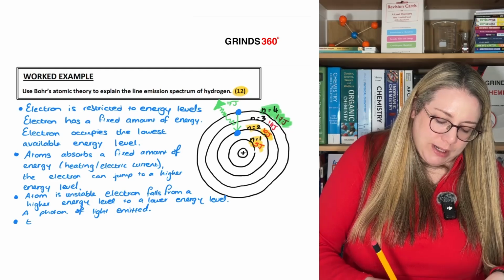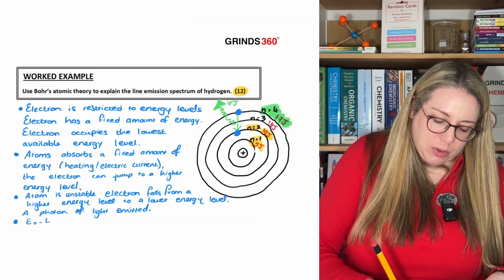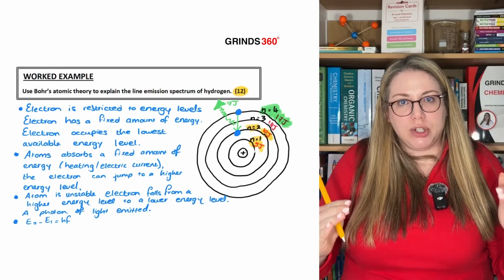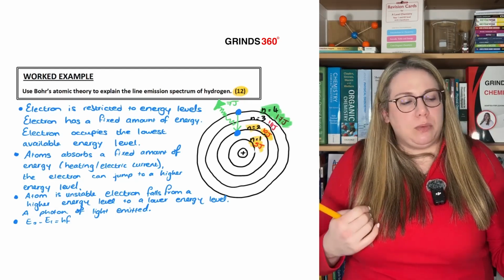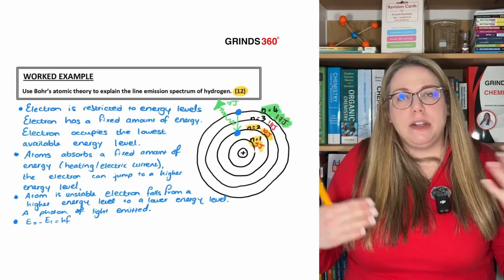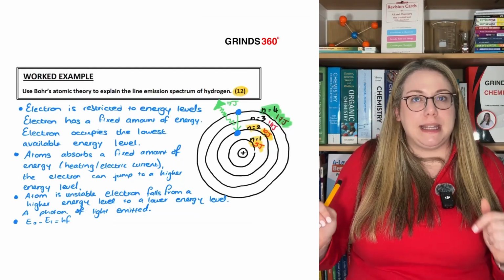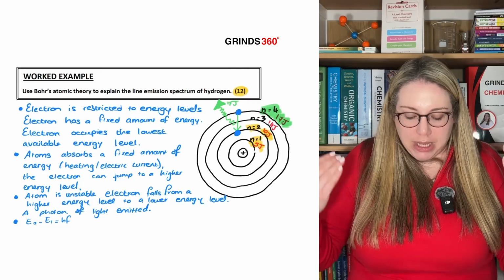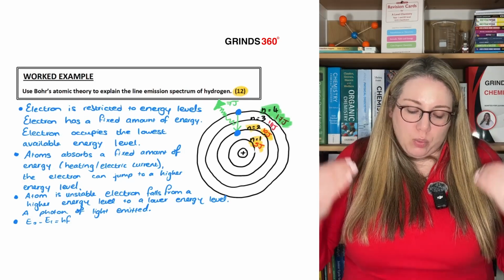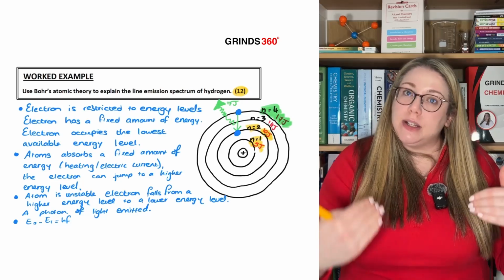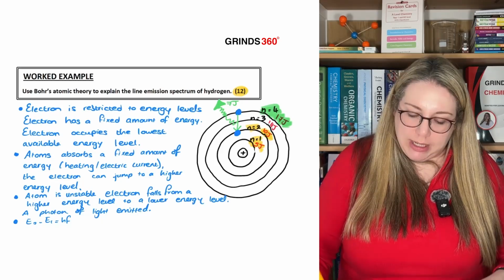Now I'm going to write a formula for this. We have E2 minus E1 is equal to hf. You do not just leave it like that, because E2, E1, h and f, we haven't told the examiner what that is. You can't just plonk the formula down and expect the examiner to know what you're talking about. Now here, we need to tell them what the symbols mean. So I'm going to backtrack through my answer and fill in what E2 and E1 are.